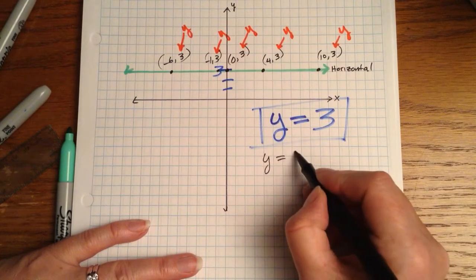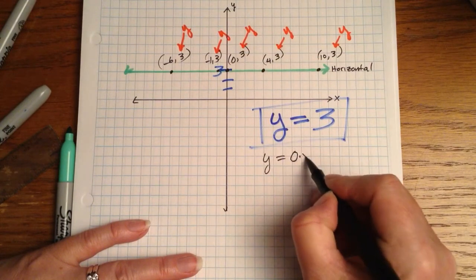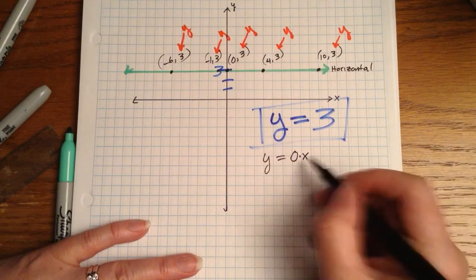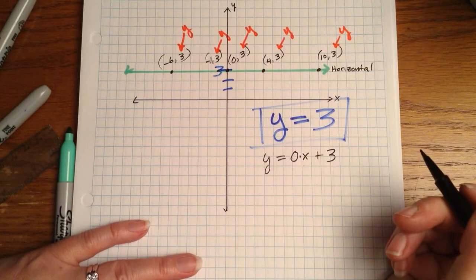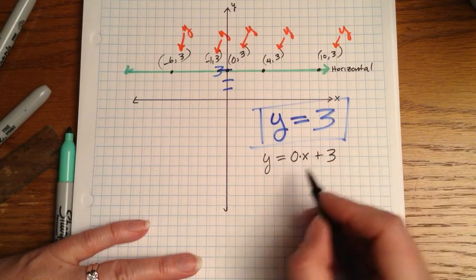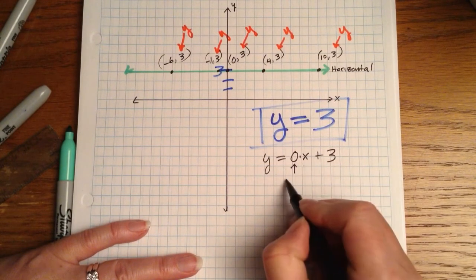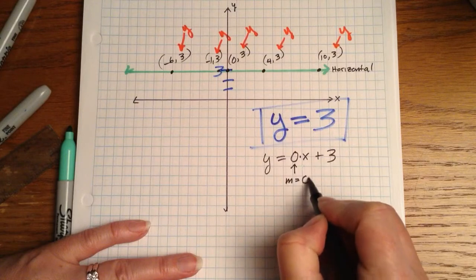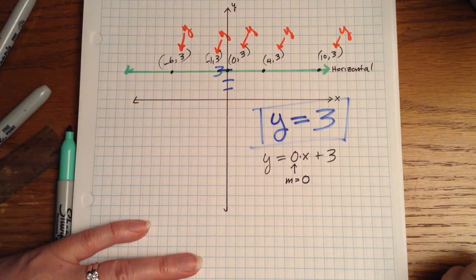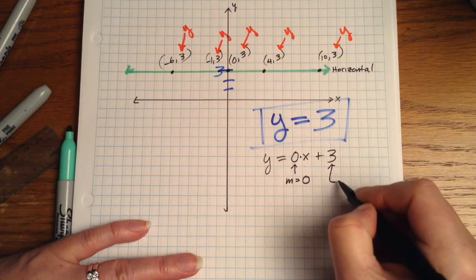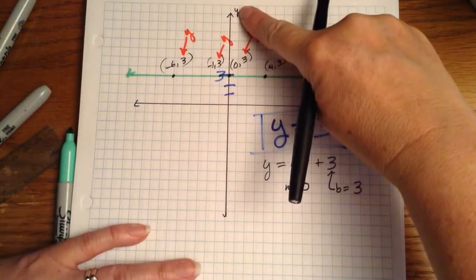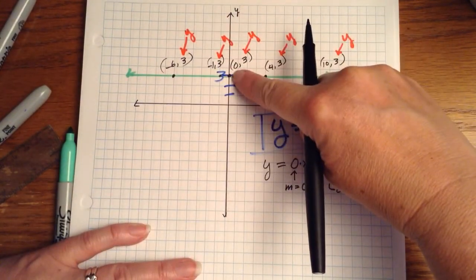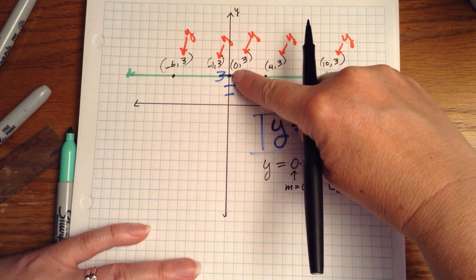There are 0 x's in the equation. I've just slid that in there, and then there's a plus 3. Yes, that's right, ladies and gentlemen. Our slope on a horizontal line is 0, and our y-intercept is wherever on the y-axis we have our line. It's at a height of 3.